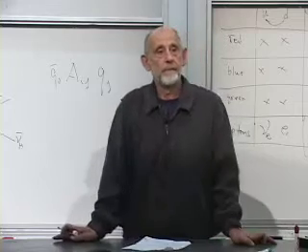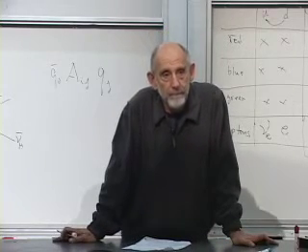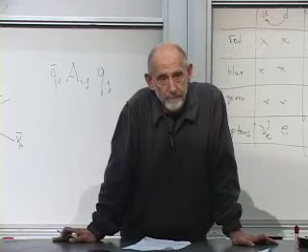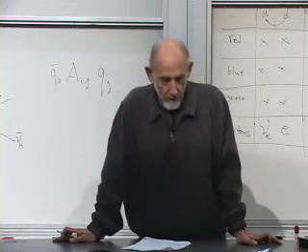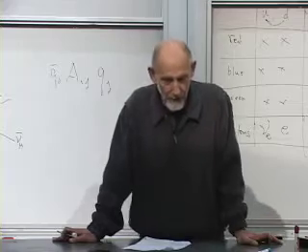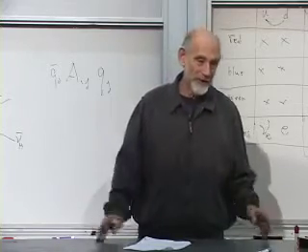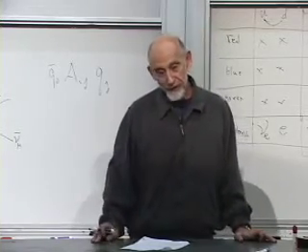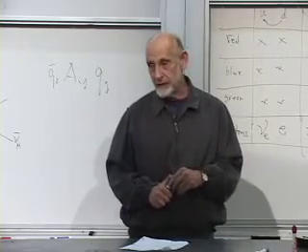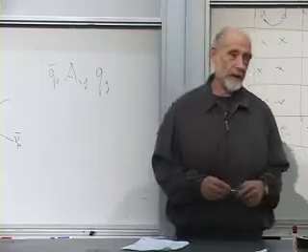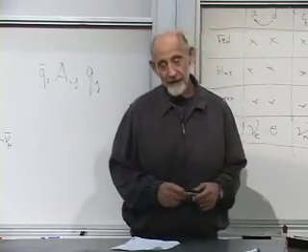Speaking of historically, was the weak or the strong force suspected first? Let's talk about the history. The history of these forces goes back to Becquerel, to radioactivity: alpha, beta, and gamma decay.